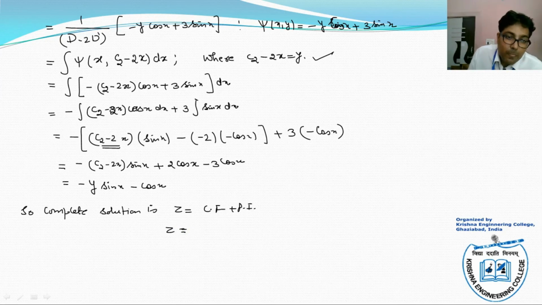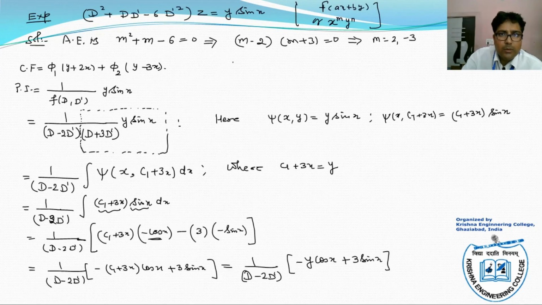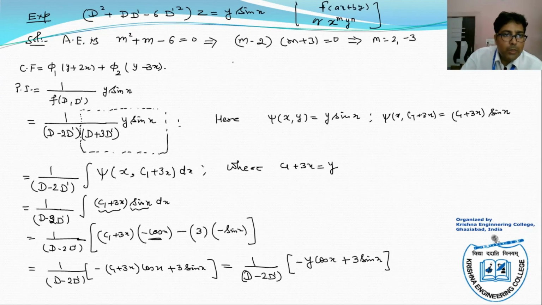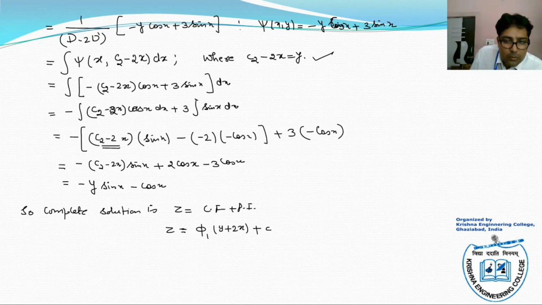It is phi1(y + 2x) plus phi2(y - 3x) plus PI, that means minus y sin x minus cos x.